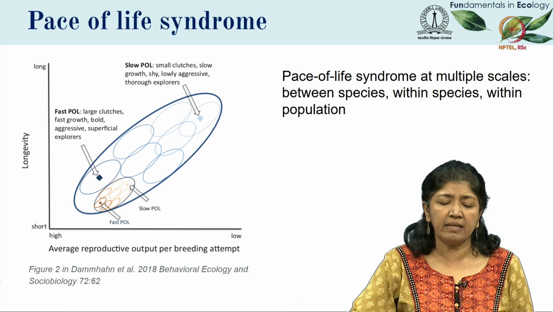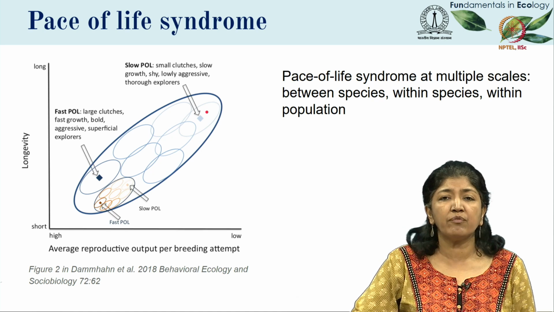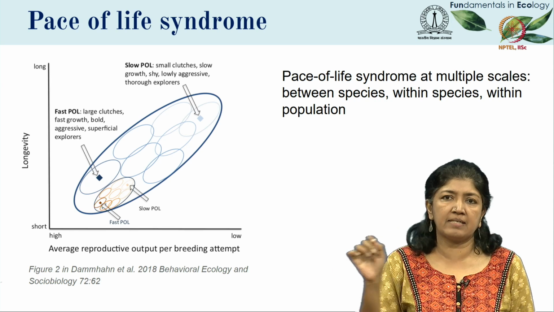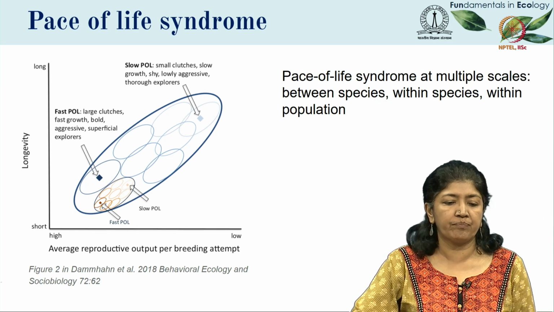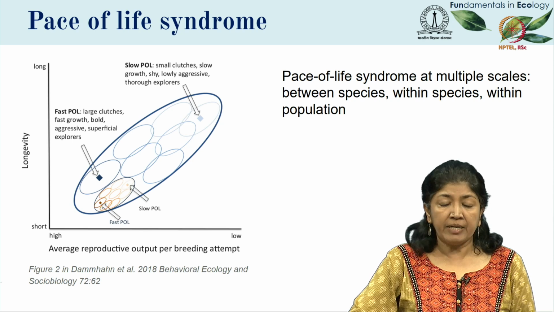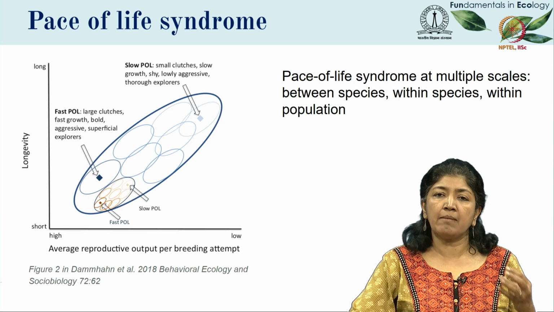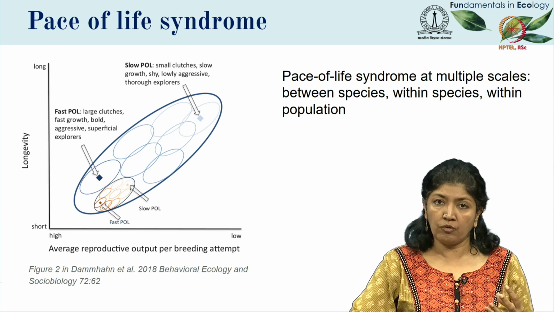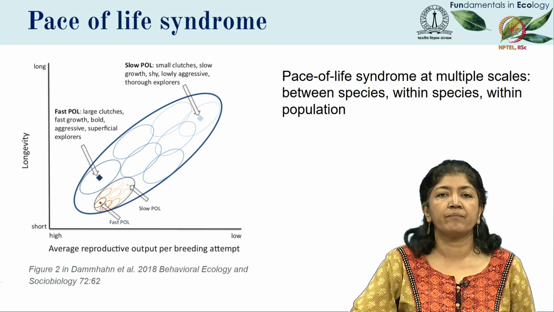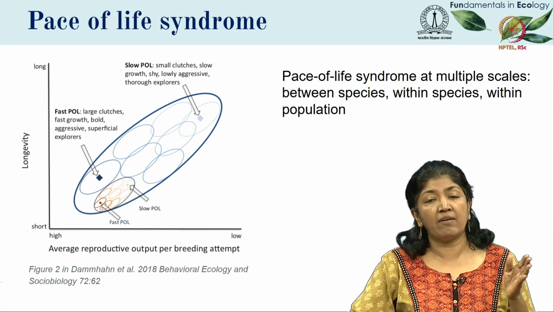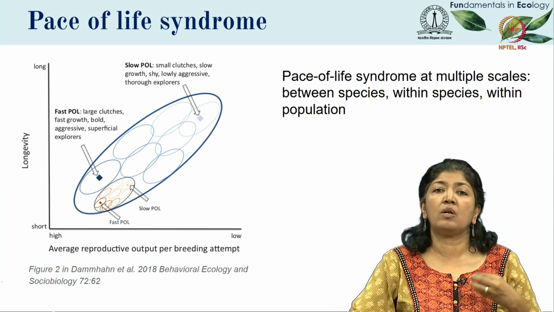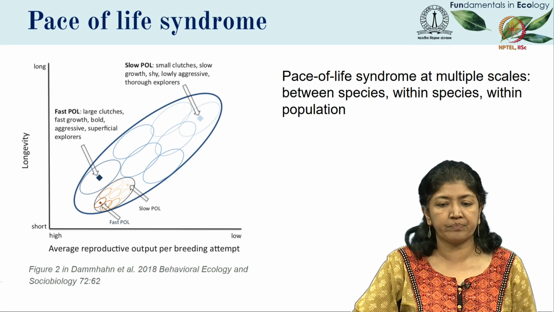Now, the important thing is that such pace of life syndromes, which are combinations of traits, can be seen at multiple scales. So, you can see between species variation, where we have some species like many rodents that live fast, die young, and produce a lot of offspring with short lifespans, versus elephants, which have long lifespans, large body size, a few offspring, but a lot of investment in each offspring.